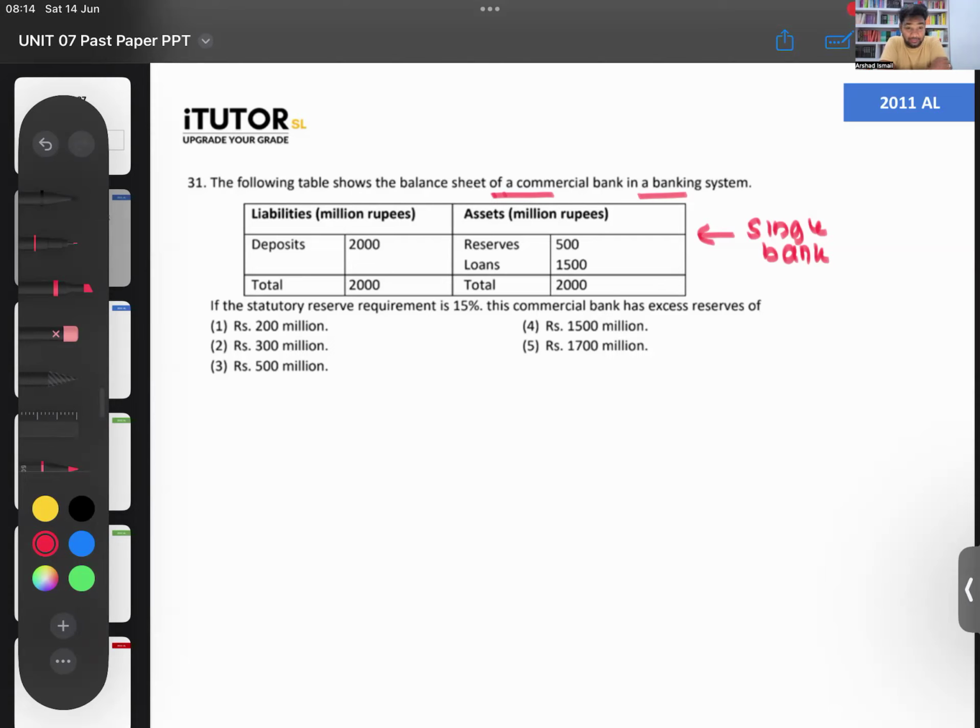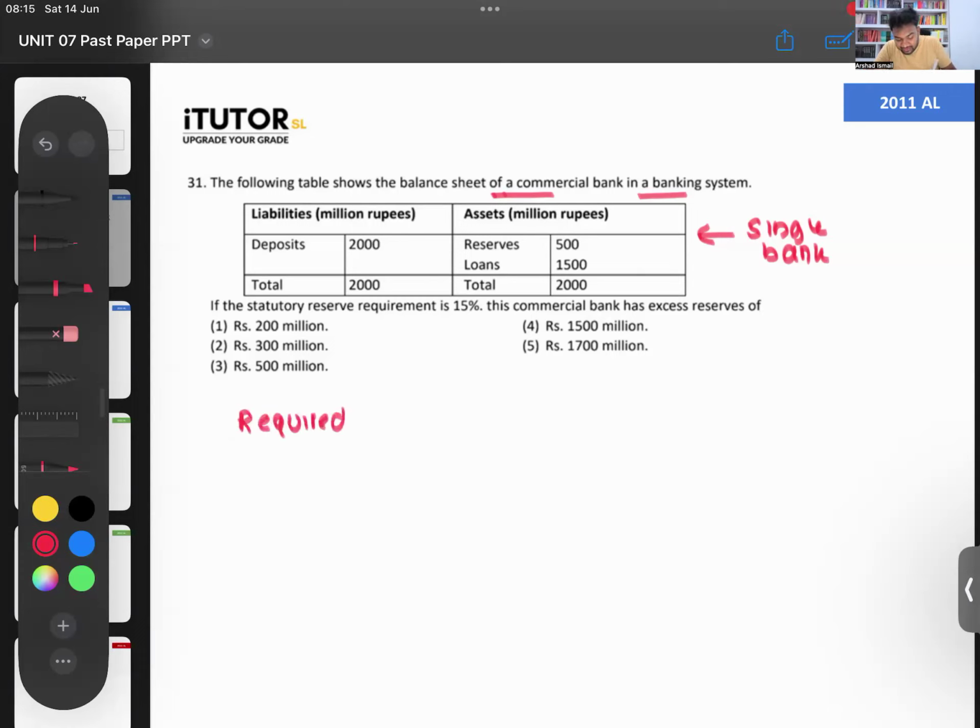You all know, commercial banks, from the deposits that they get, have to keep a certain part as required reserves. They can't give everything as loans. A part they have to keep as required reserves. Whatever they have in excess of that is what they can give out as loans. So if you take this bank, can you all tell me how much of required reserves this bank should maintain?